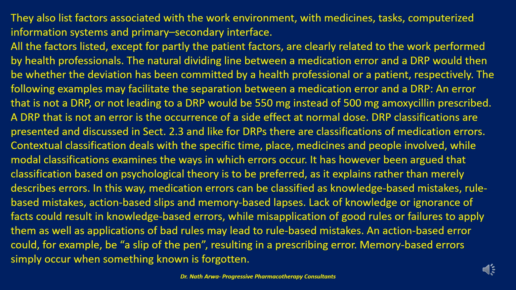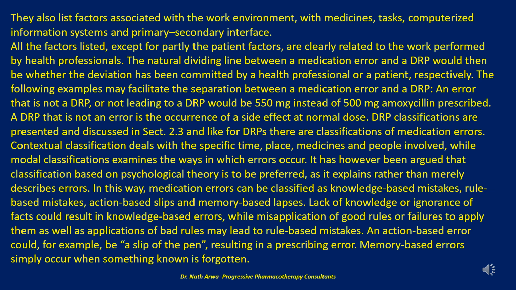The natural dividing line between a medication error and a drug-related problem would then be whether the deviation has been committed by a health professional or a patient, respectively. The following examples may facilitate the separation between a medication error and a drug-related problem.